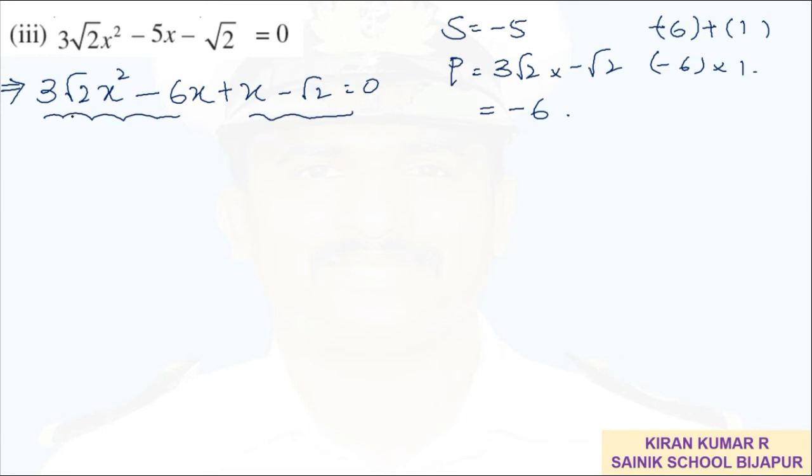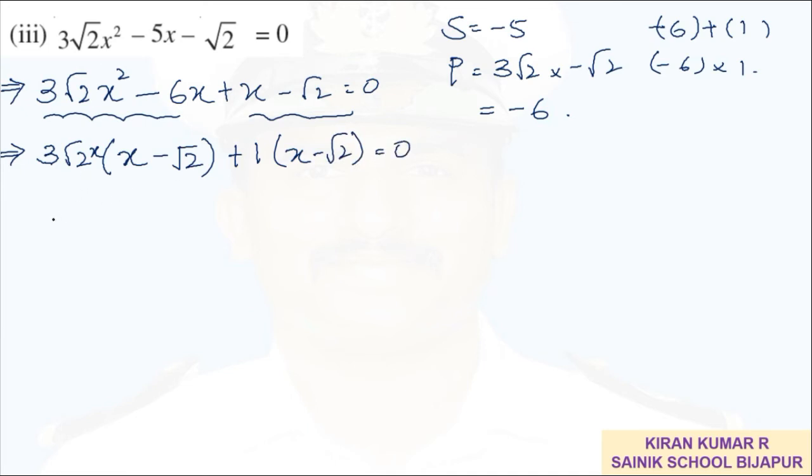You must be surprised why 3 root 2 common. The reason is 3 root 2 multiplied by root 2 we would get 6. Therefore, in this step, I'll take 3 root 2 x as common. I'll be getting x minus root 2 plus 1 times of x minus root 2 equal to 0.